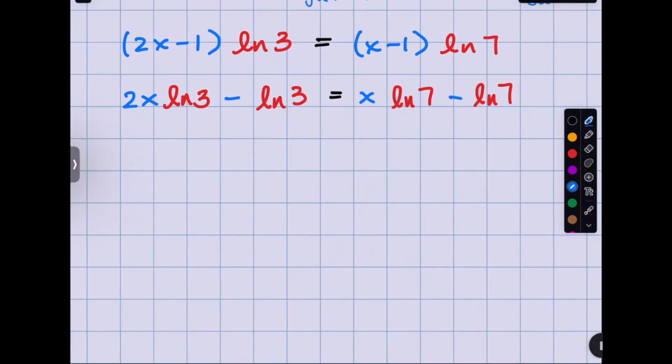So what should we do next? How do we solve for x again? Get all the x's to one side. I got two terms that have x's, right? One's on this side, one's on this side. Let me bring this one over.